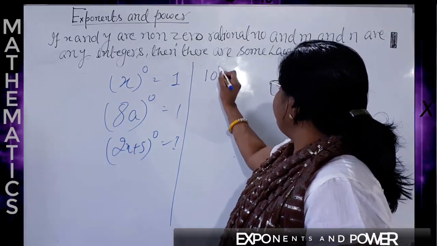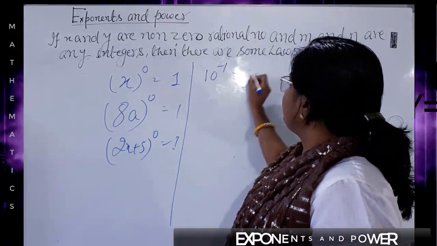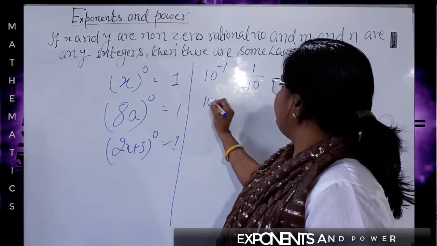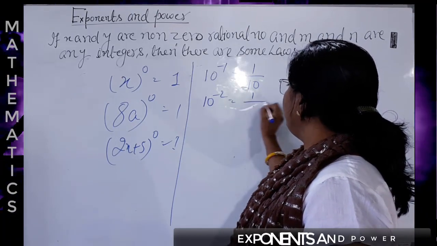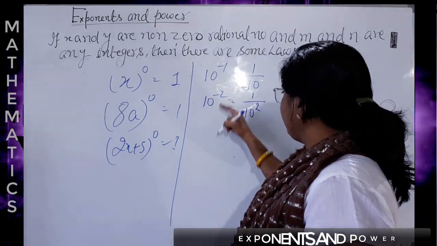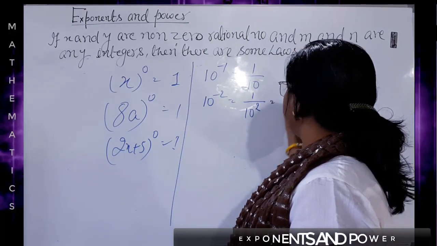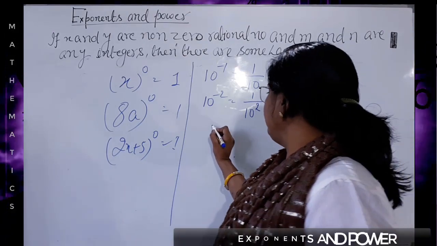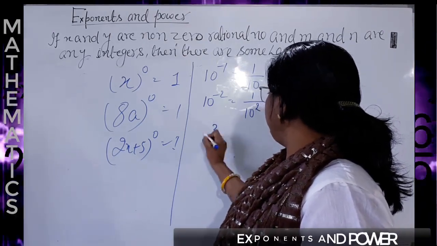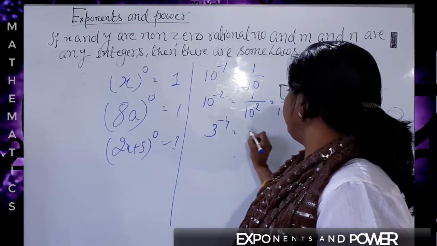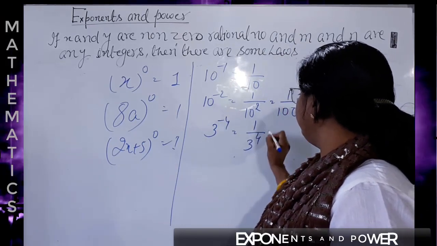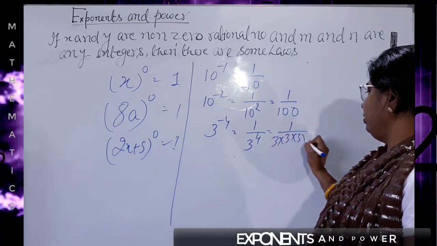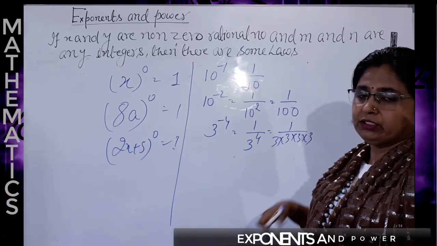Just like 10 to the power minus 1 is equal to 1 by 10. 10 to the power minus 2 means 1 by 10 to the power 2, which is 1 by 100. Like this, negative integers. Just like 3 to the power minus 4 can be written as 1 by 3 to the power 4, and then calculate: 1 by 3 into 3 into 3 into 3, 4 times multiplication.